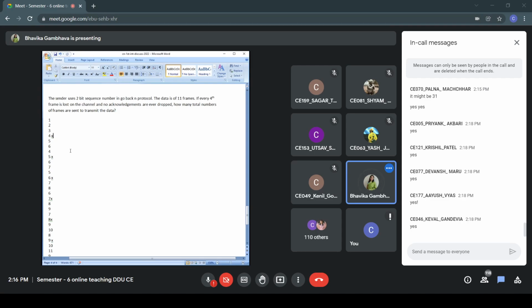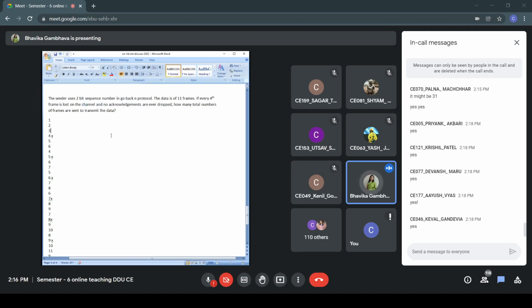And if I say that loss is applicable in both directions, like for the frames and for the acknowledgements, then the effect would be different. Can you tell me, will the total number of frames be the same or less or more in that scenario?